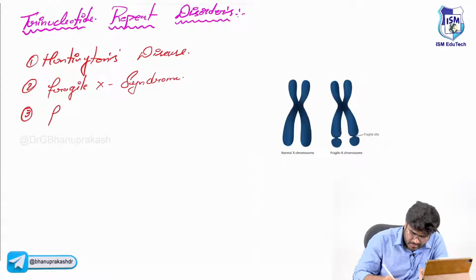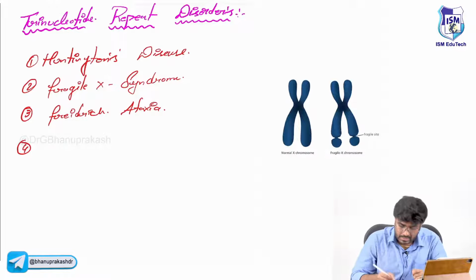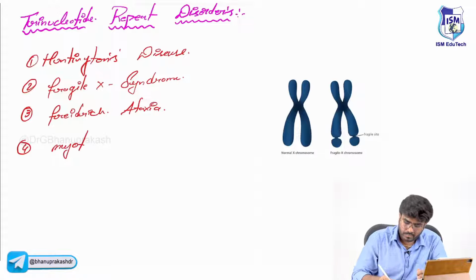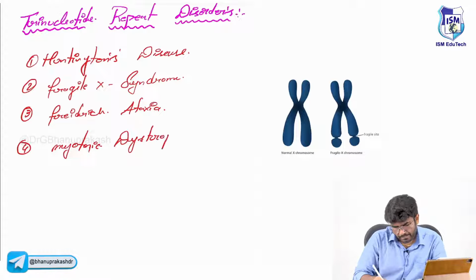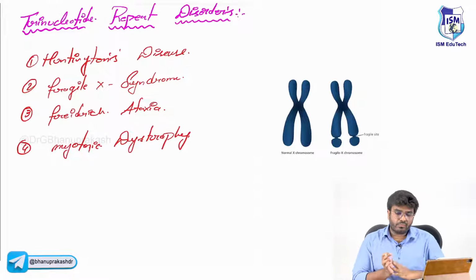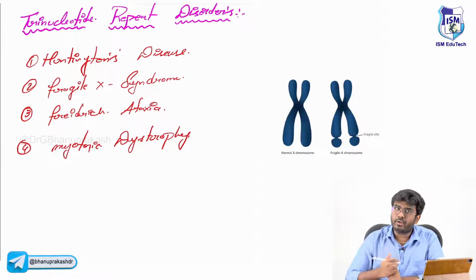Next, Friedreich Ataxia. And the last one is Myotonic dystrophy. So these are the 4 disorders which are due to more number of trinucleotide repeats.